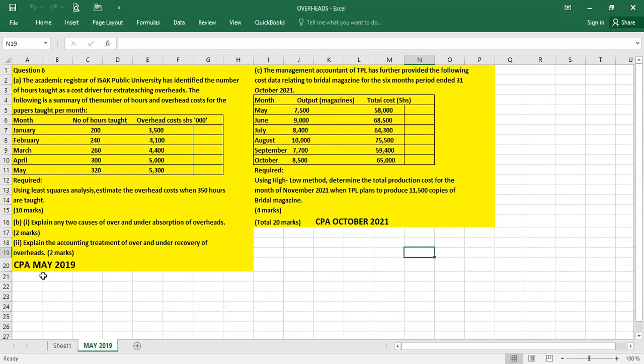Then this one is 2019 May. So let's first consider this one for October 2021, and we compute the high-low method. As I said earlier, we are going to be concentrating more on the high-low method and the least squares. So we can kick off now.